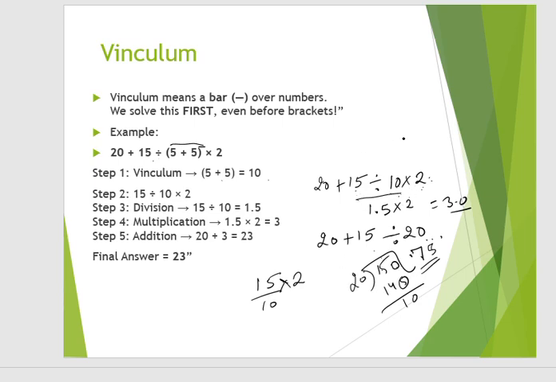We are not supposed to multiply these two terms first. I'm explaining again: if we have 12 divided by 4 into 2, it doesn't mean 12 divided by 8. If you want 8, it has to be put in brackets, but it exactly means 12 upon 4 into 2. So that's what we have to follow, proper rules.